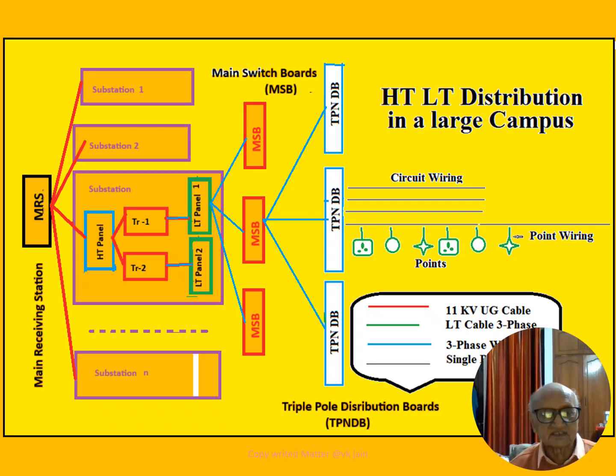So I have described the entire system, and you can see the color coding also, how the system is interconnected. The red line shows 11 kV underground cable. The green shows LT cable 3 phase. This one is green. Then the black one shows you point wiring circuit.